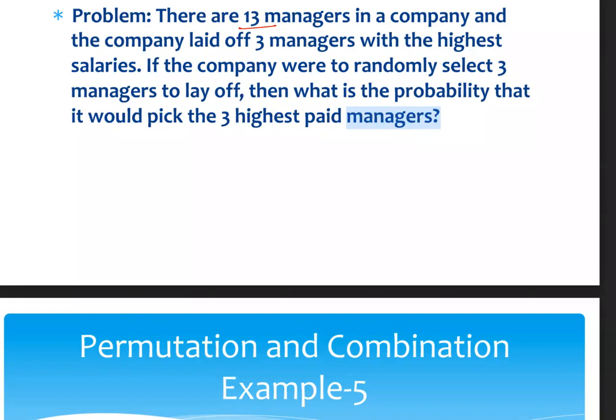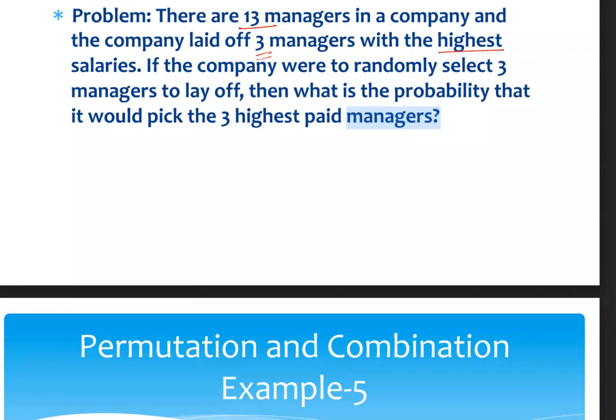there are 13 managers in a company, and they laid off 3 managers with the highest salary. So they're asking, was there any discrimination based on income level? Because they laid off the 3 highest paying managers.